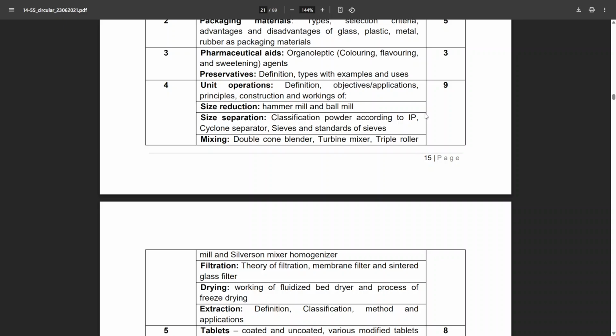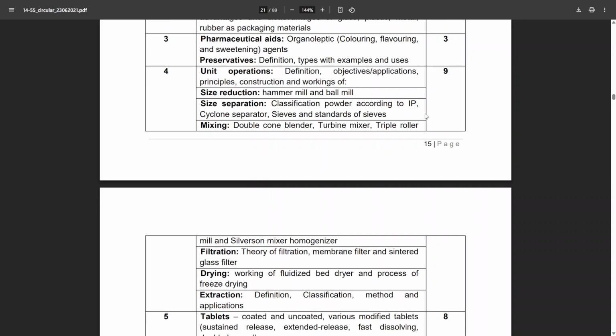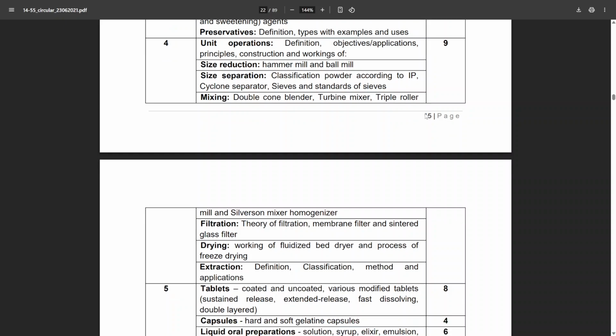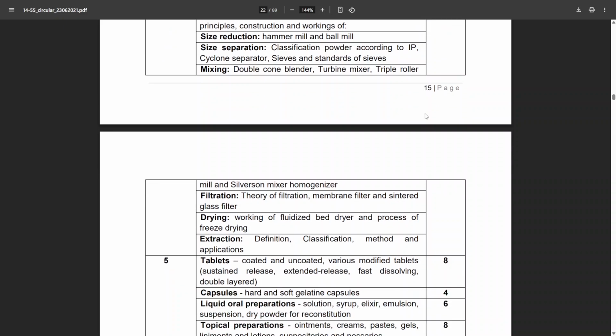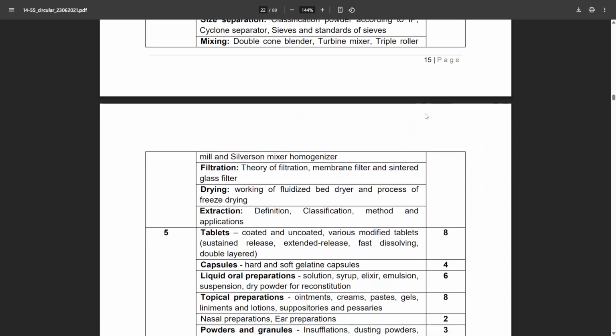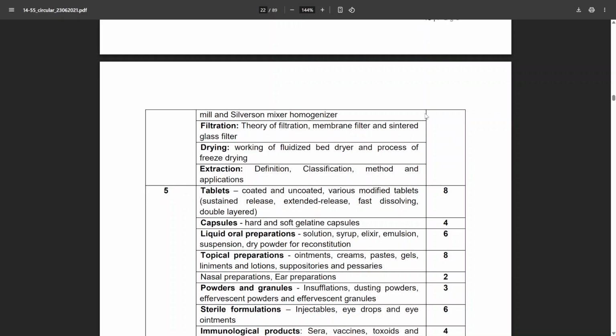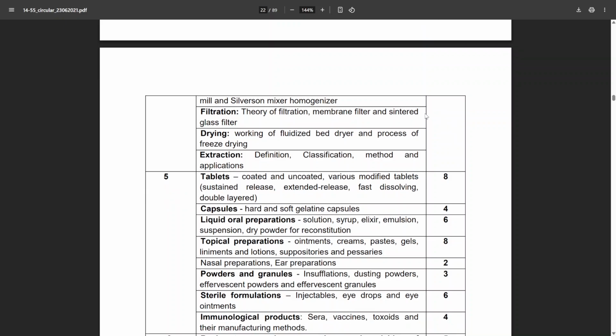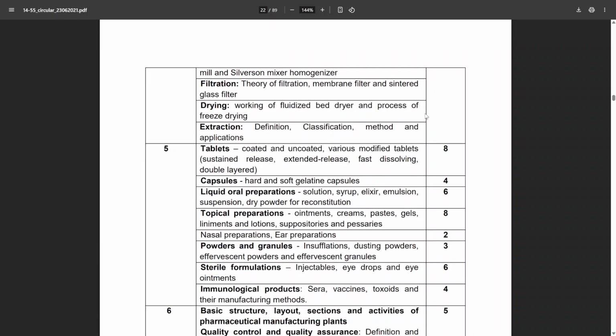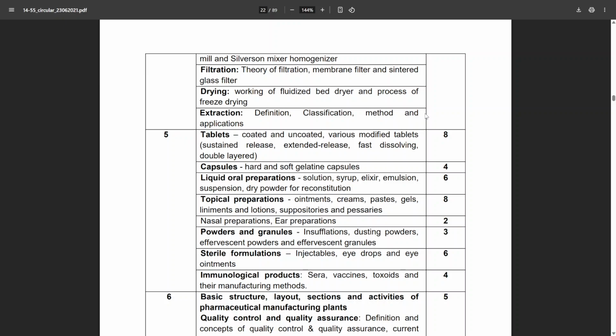Mixing, double cone blender, turbine mixer, triple roller mill and Silverson mixer homogenizer. Filtration, theory of filtration, membrane filter and sintered glass filter. Drying, working of fluidized bed dryer and process of freeze drying. Extraction, definition, classification, method and applications.